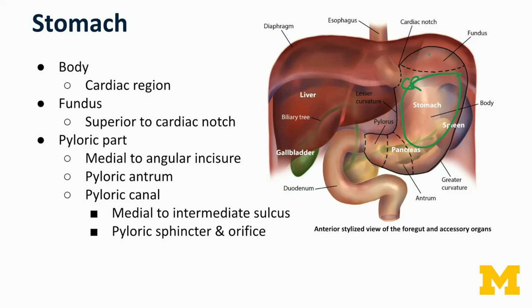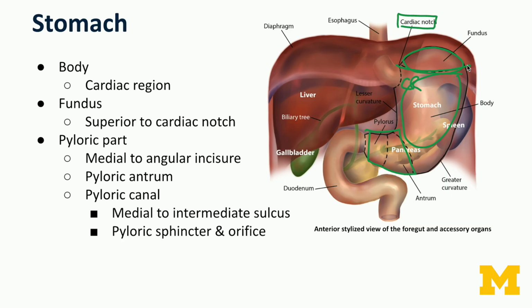There's also a fundus, which means floor of the stomach, and a pyloric part of the stomach. So the fundus, the body, and the pyloric part of the stomach. For the fundus, you want to pay attention to where that cardiac notch is: anything above the cardiac notch is fundus. Anything below that would be the body.